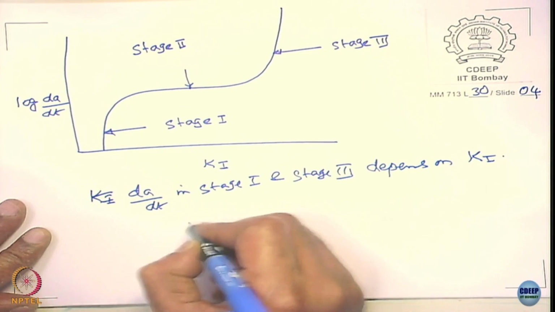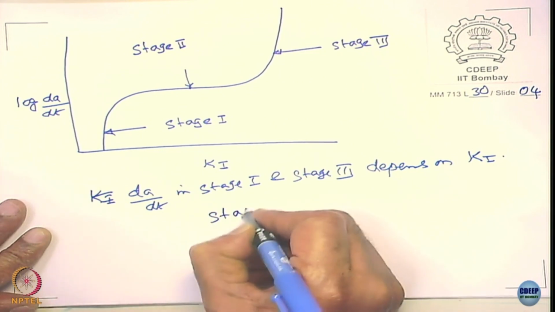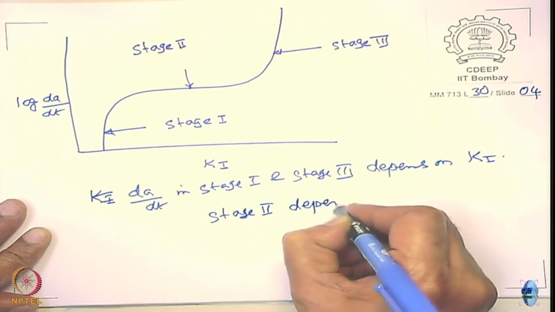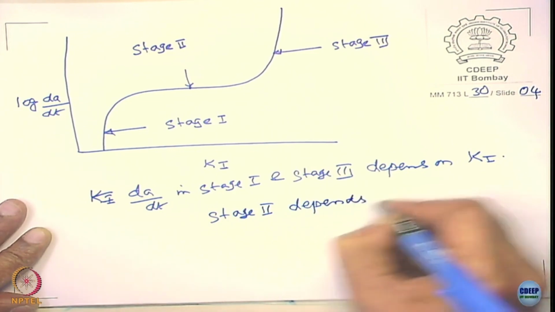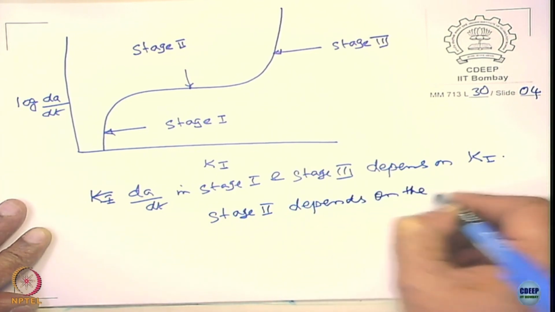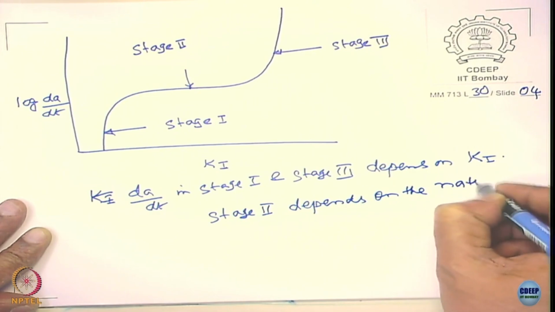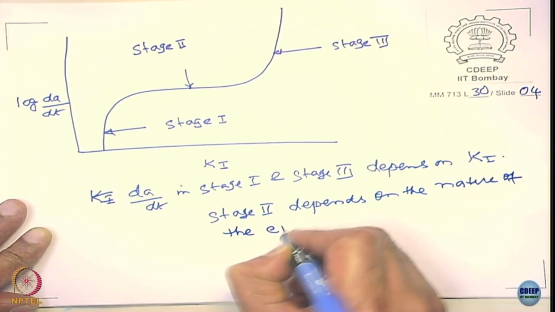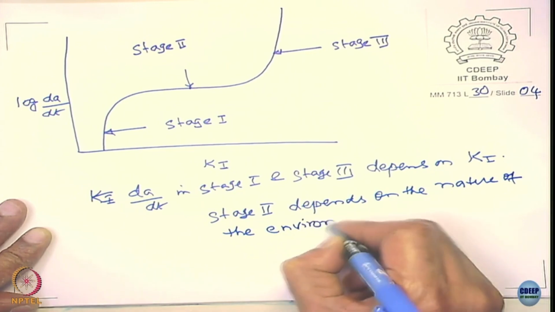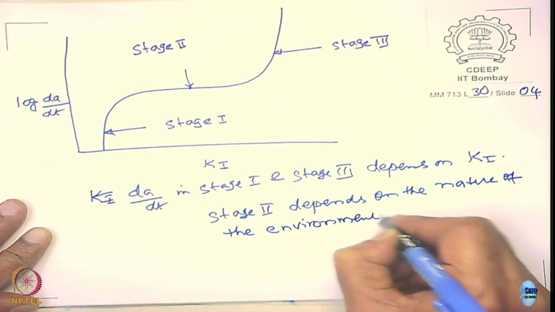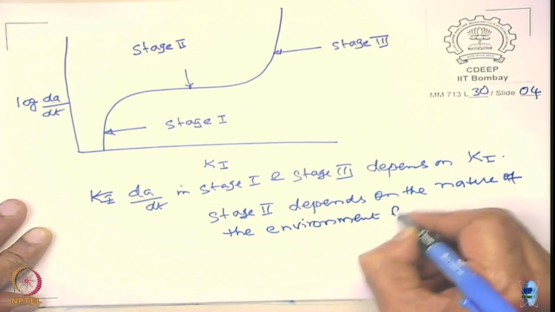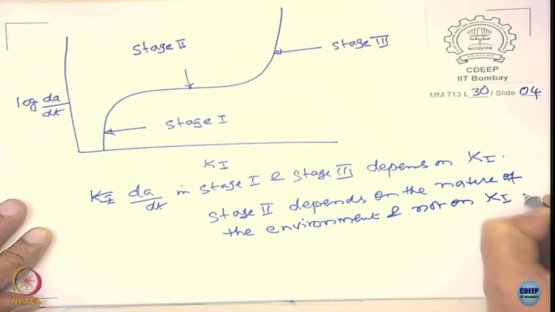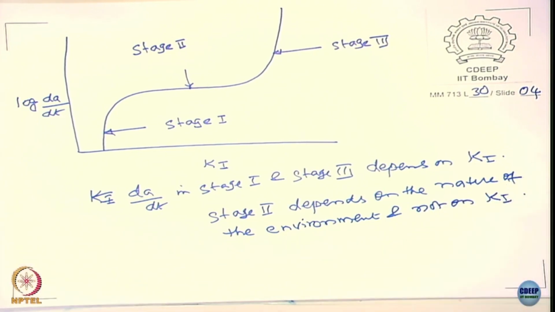Stage 2 depends on the nature of the environment, and not on crack tip stress intensity factor.